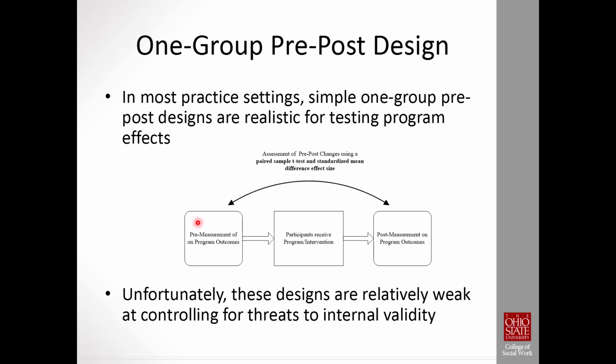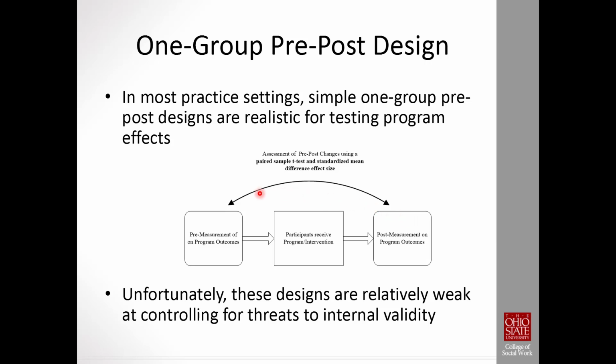So you've got a pre-measurement. You've got one group of people where you do a pre-measurement. Your participants then receive whatever program and intervention it is that you're going to do, and then they get measured at a post-test on knowledge, attitudes, values, behaviors, whatever the outcome dimension is, basically.